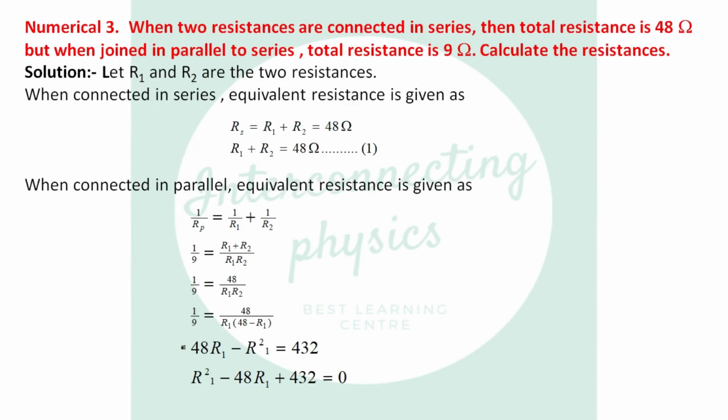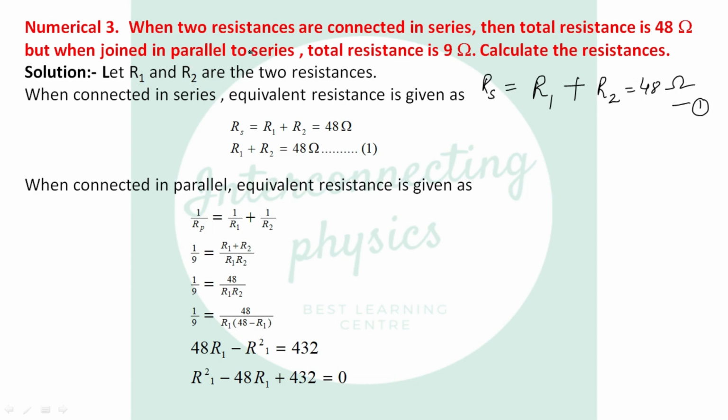When two resistors are connected in series, the total resistance is 48 ohm. Let us say the first resistor has resistance R1 and the second resistor has resistance R2. When they are in series, the answer is 48 ohm. Okay, equation number 1: when they are in series, Rs, R1 plus R2, is 48 ohm.